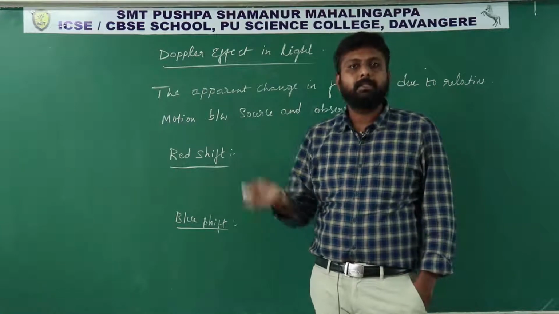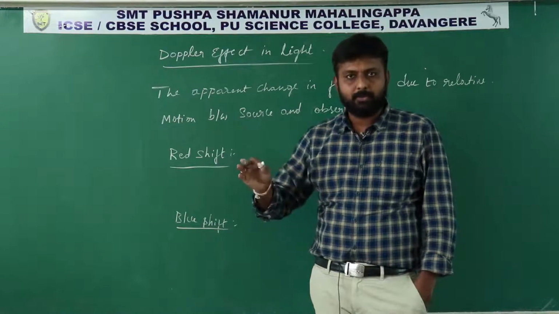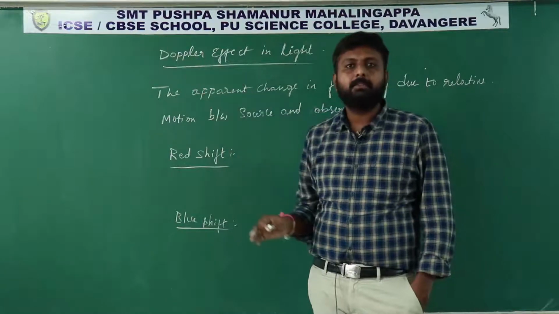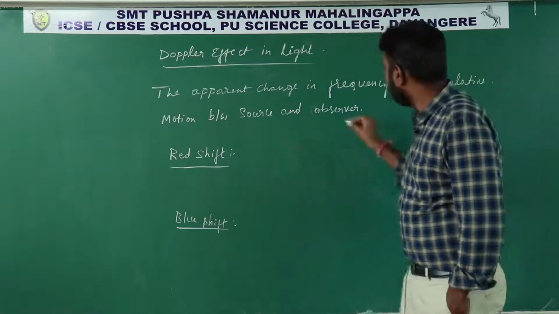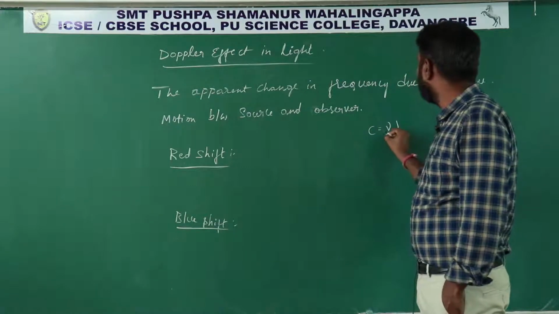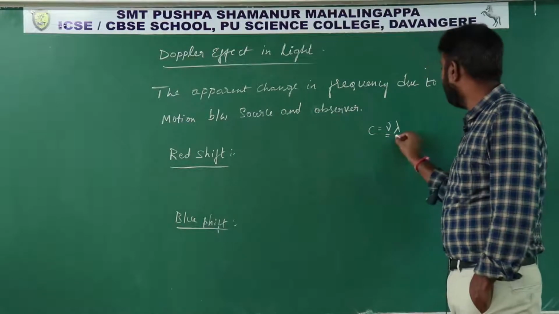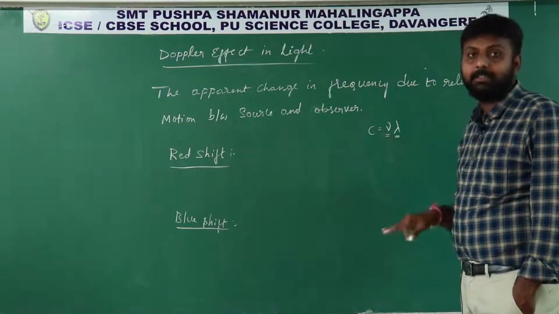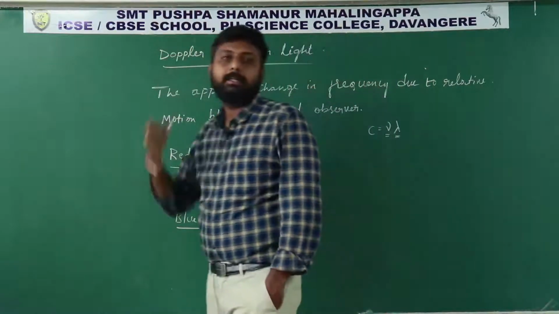The frequency will increase or decrease? Definitely, if the source of light is moving away from us, the frequency appears to decrease, and you know the relation c equals nu lambda, where nu is the frequency of light and lambda is the wavelength. As frequency decreases, the wavelength will increase.